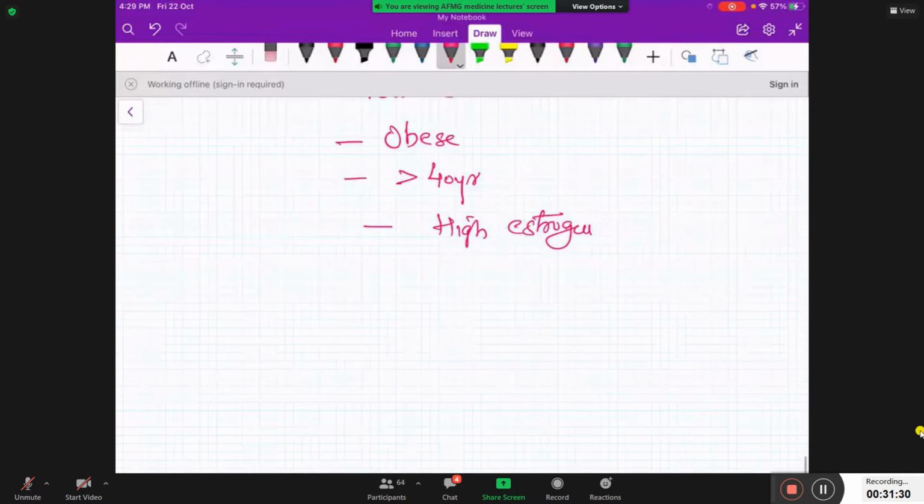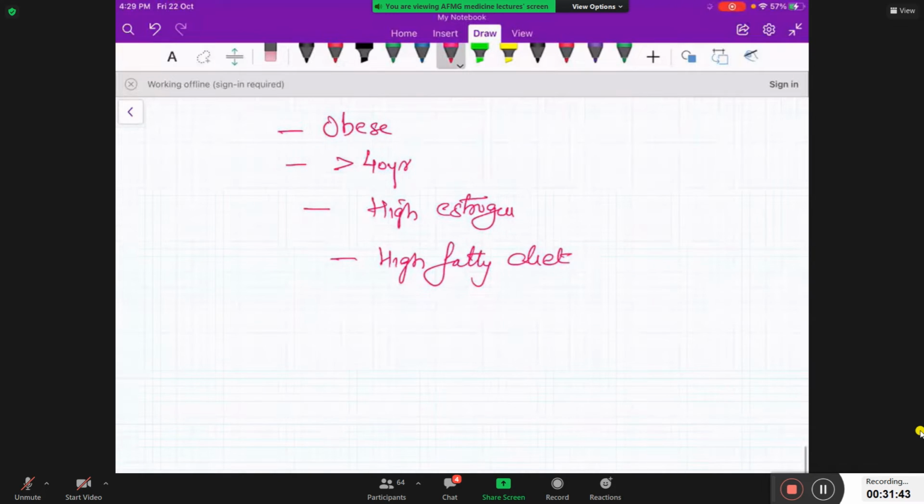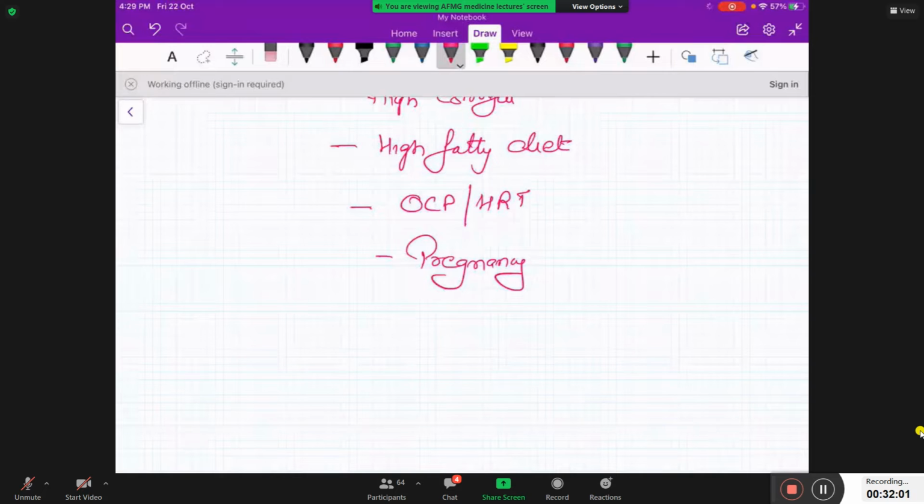Then the other risk factors for gallstone disease are a high fatty diet. Oral contraceptive pills or hormone replacement therapy also carry a risk. Then pregnancy also has a risk.